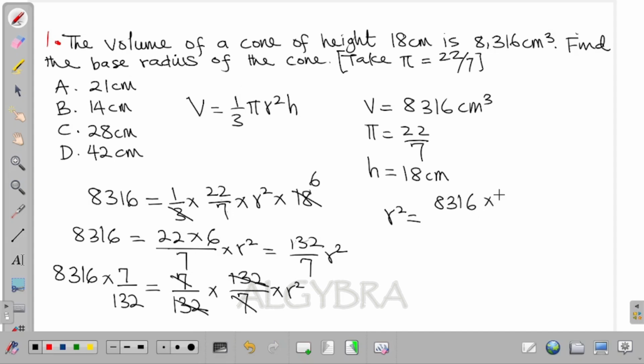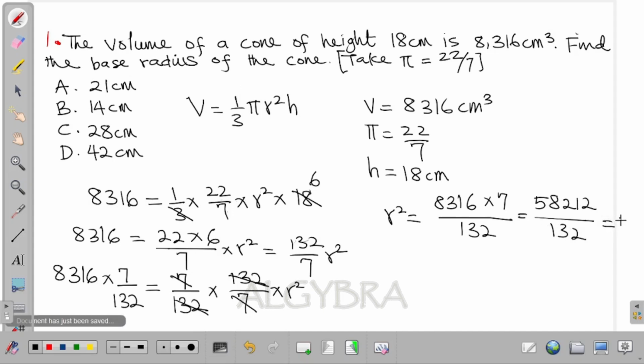8,316 multiplied by 7 all divided by 132. 8,316 multiplied by 7 gives me 58,212, all divided by 132, and this is equal to 441. So r squared is equal to 441.